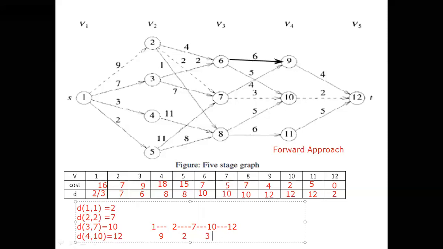What is the 10 to 12 path length? It is 2. If I am adding, what will I get? 9 plus 2 plus 3 plus 2 is nothing but 16. This particular 16. I hope it's clear. For 1 to destination 12, that 16 only we are getting here. I hope it is clear why the 16 is coming.